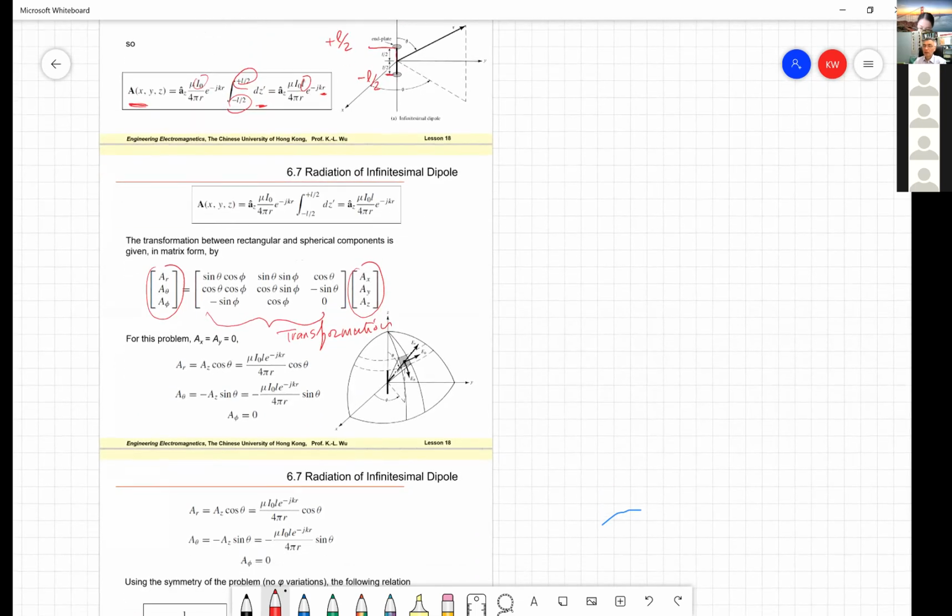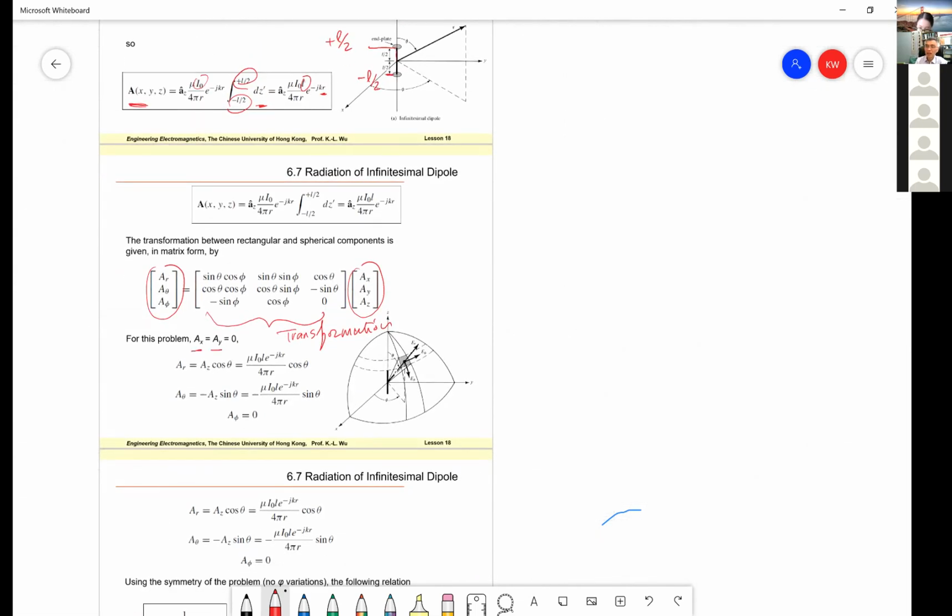Because AX equals AY equals 0, we only have a Z component, right? Then we can find AR and A theta, and A phi equals 0, because of the symmetry. Along the phi direction, there is no difference, right?